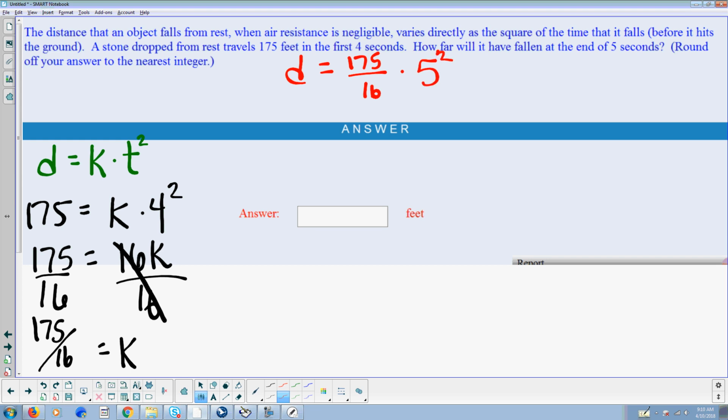You should be able to input all of that in the calculator and then round to the nearest integer. So I got 4375 over 16, which as a decimal rounds to 273. It's 0.4, so to the nearest integer, I'll say 273 feet.